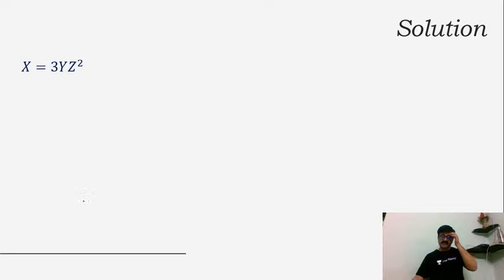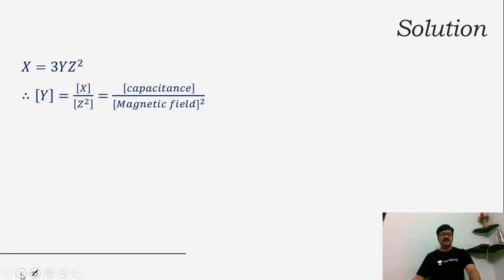Firstly I'll write back the given equation, x is equal to 3yz square. Hence y will be equal to x by z square. Now x is capacitance, and z is magnetic field, so its whole square I am writing.